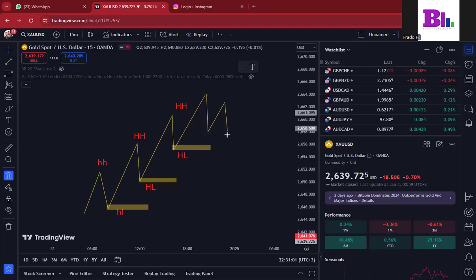You see, before even breaking this point of interest, where we will have a change of character, these are simple signs showing you that at any time you're going to have a reversal, because we had higher highs, and what you can see here is a lower high. A lower high is being formed.